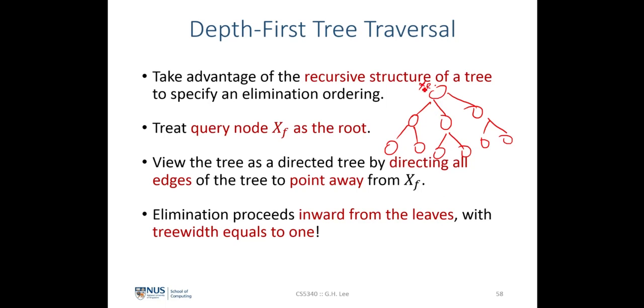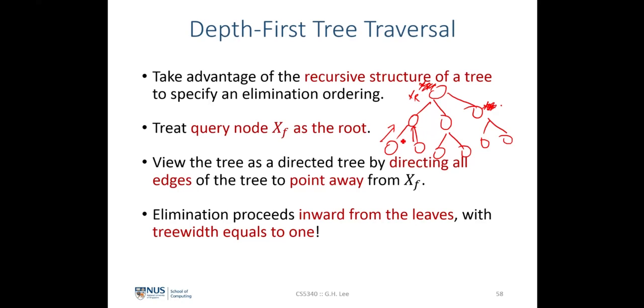Or we can choose another random variable in the graph as our root node, and it will still be maintained as a tree, but in this case the tree will become an unbalanced tree. Here, suppose we choose this node as our root node, and the elimination will proceed inward from the leaf nodes of the tree towards the root node of the tree.